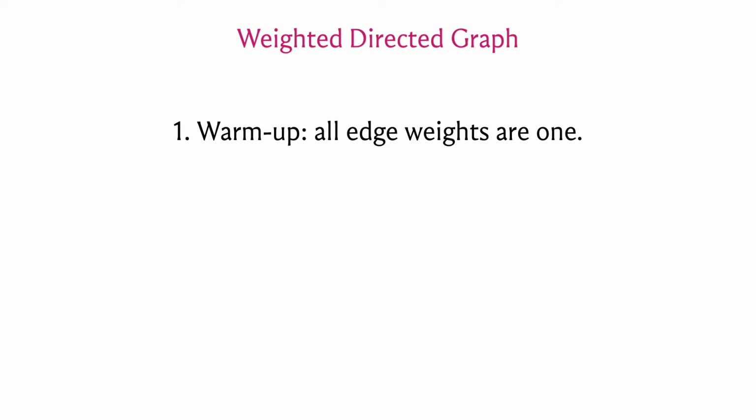After this, we will allow for weights to enter the picture, and we'll see that BFS no longer quite works in its default form, and we'll have to explore a different way of approaching the problem. But we'll still restrict ourselves first to the setting when all edge weights are positive, because that's a little bit easier to think about compared to the more general case when we allow for negative edge weights.